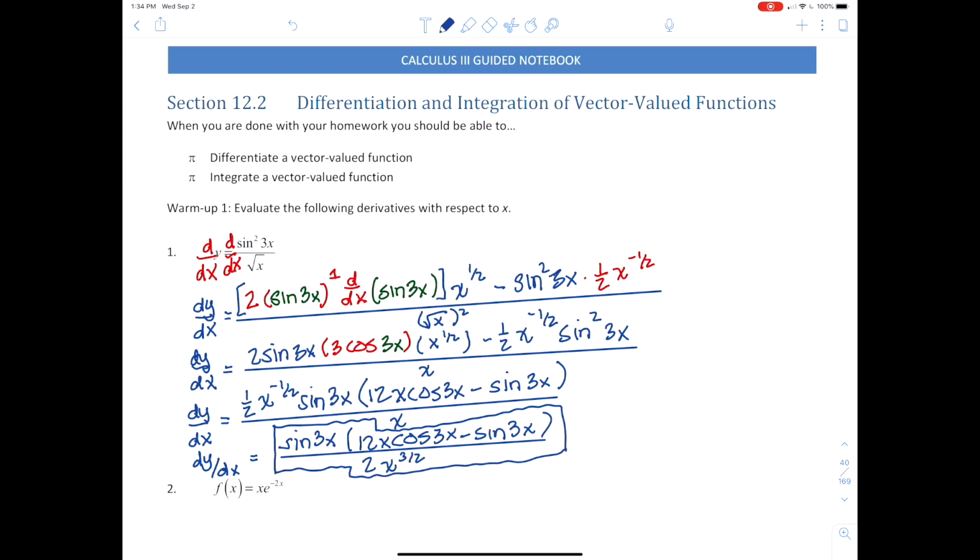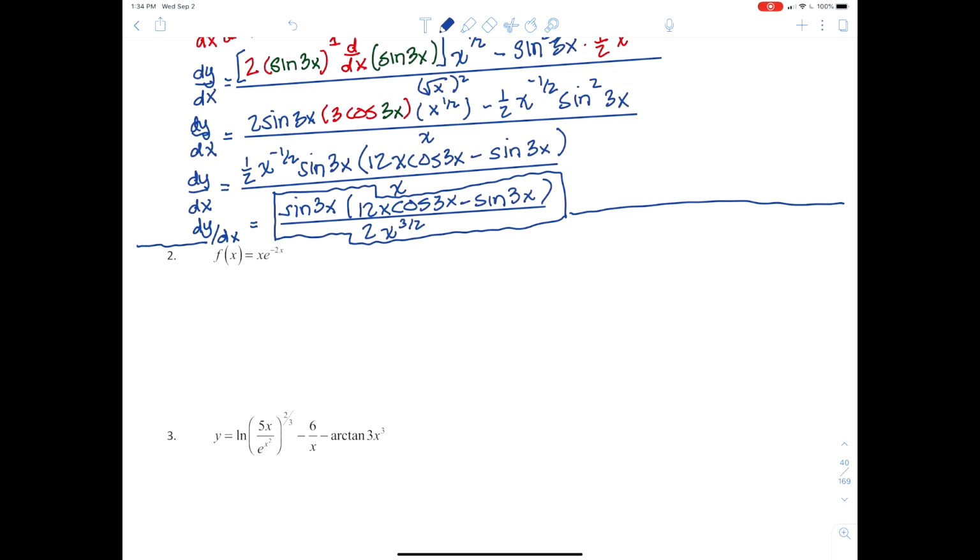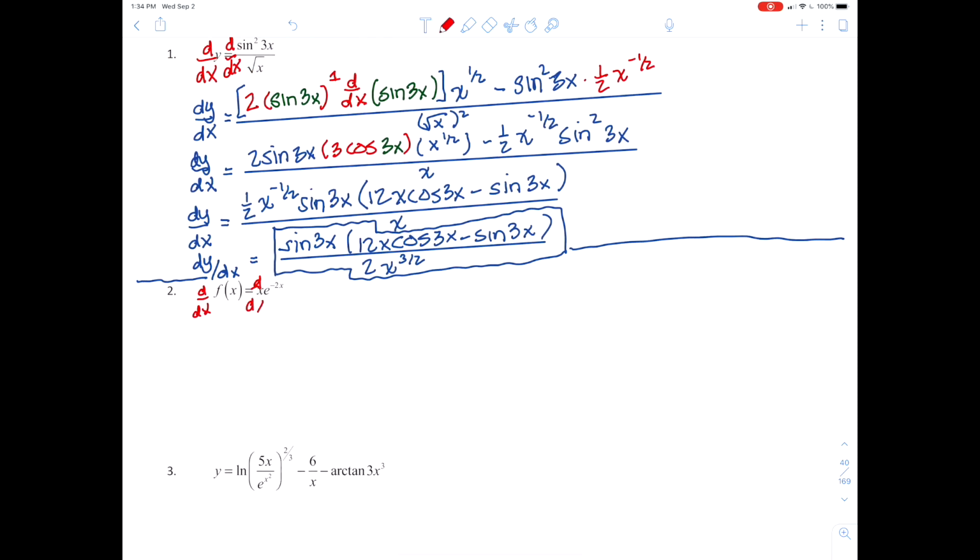Okay, so next up, we have f of x is equal to x times e to the negative 2x. So differentiating both sides with respect to x. On the left side, what are we going to get? Beautiful. F prime of x. And then remember, overall, we have a product rule going on.